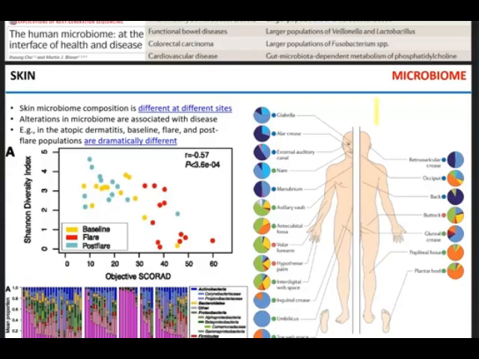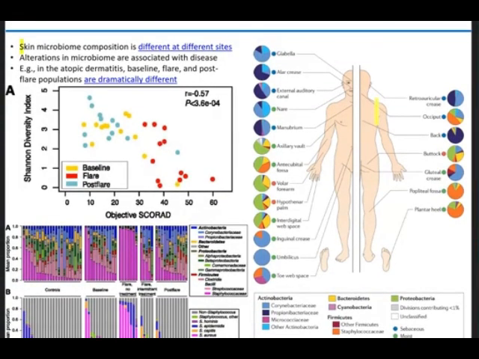So first of all, if you look at the composition of the skin microbiome, which is this image on the right, it shows you that it varies even on the same person depending on which area of the skin we're talking about, which is, to me, fascinating.